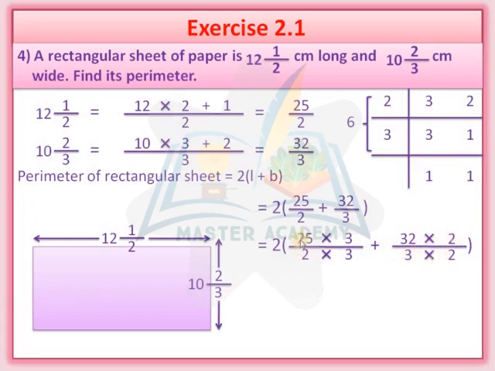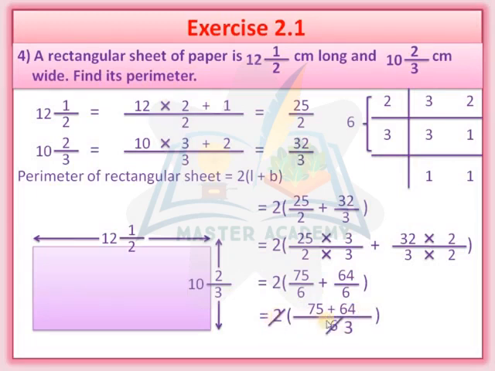So what is the answer? 25 times 3 is 75 upon 6 plus 64/6. 32 multiplied by 2 is equal to 64. Okay, here both the denominators are the same. So obviously 75 plus 64.